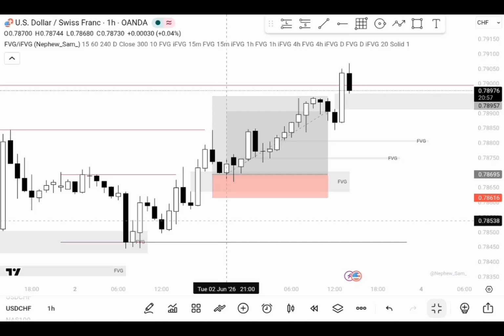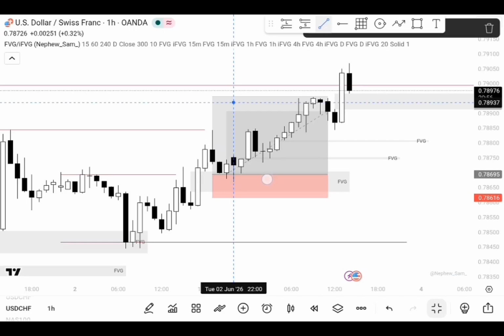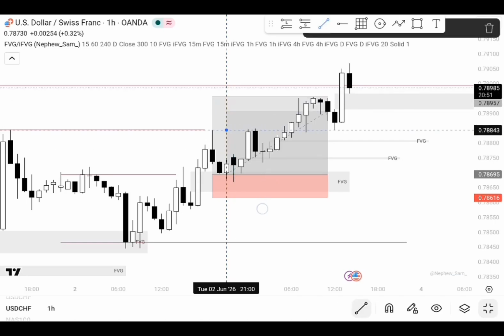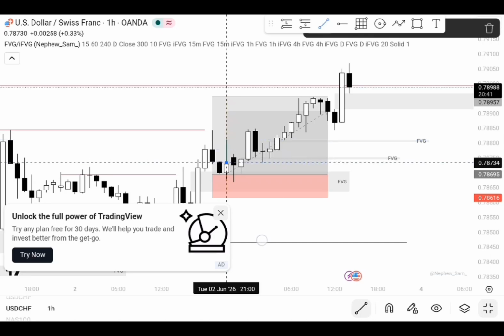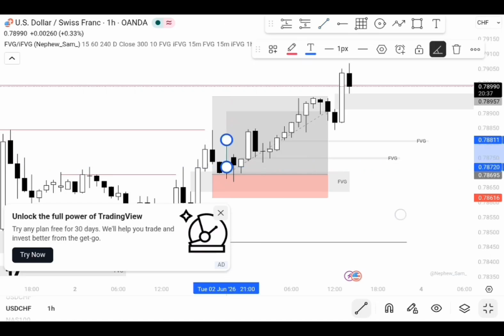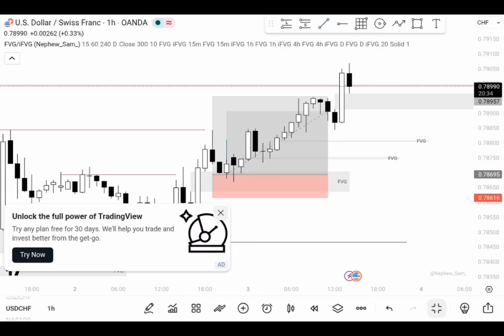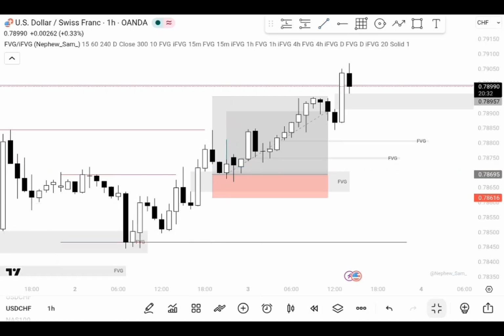Let me mark it out so it's very clear, and I will also take out these multiple markings I've done on the screen. I don't like my screen looking this nasty, right? Now that is the candle that closed for the day, right?